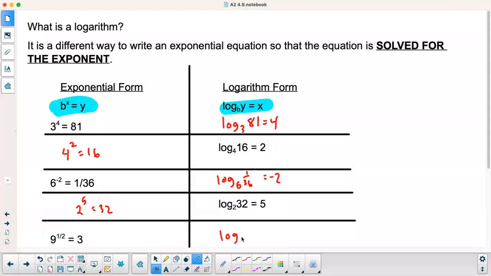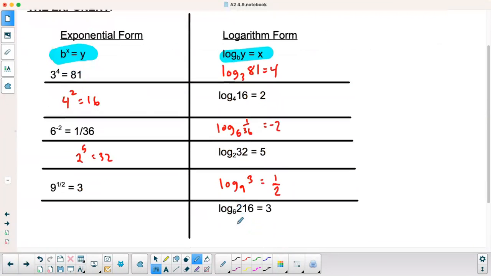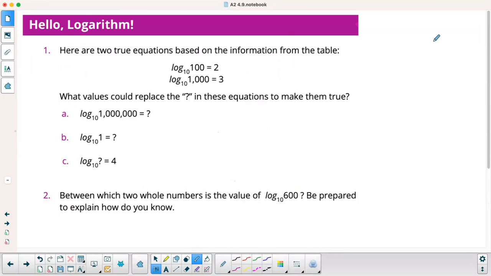And this would be log base 9 of 3 equals 1/2. Okay? Oh, one more. So this would be 6 to the third power equals 216. Okay? All right.